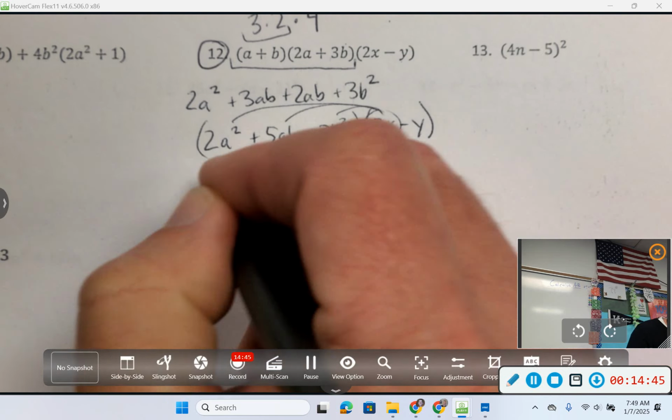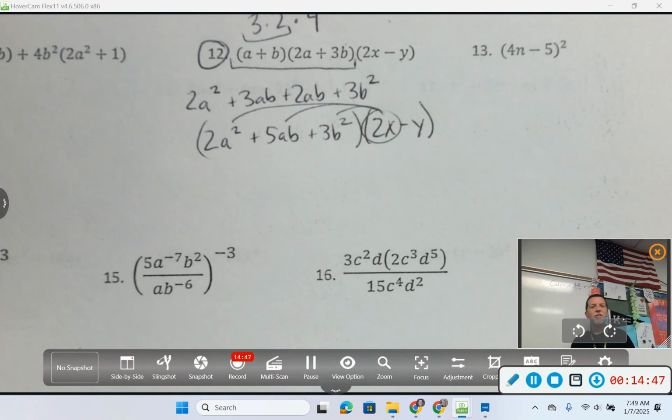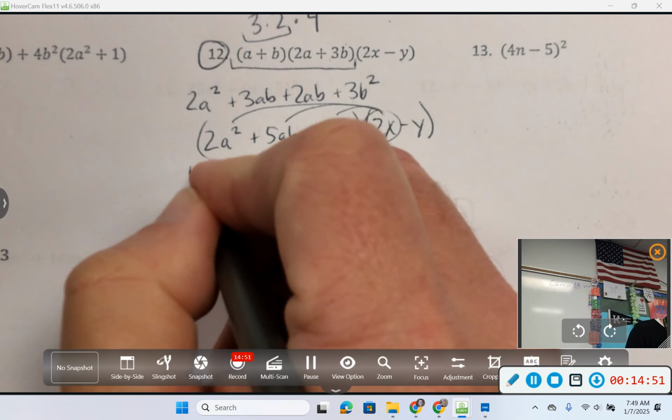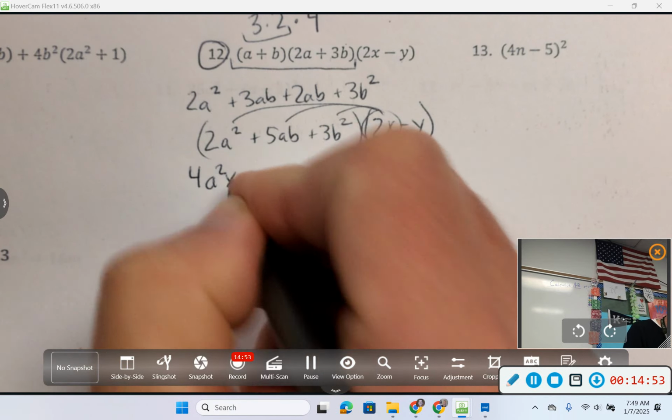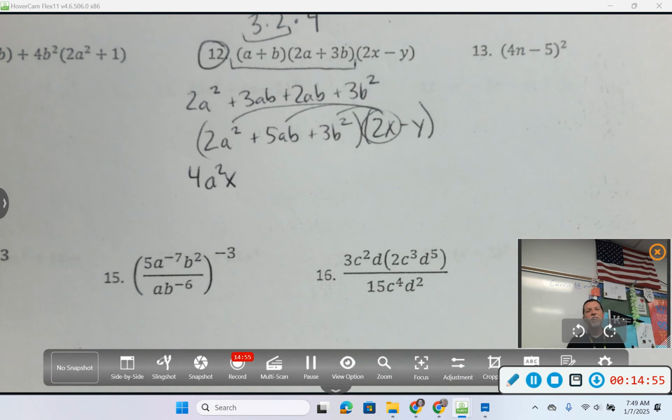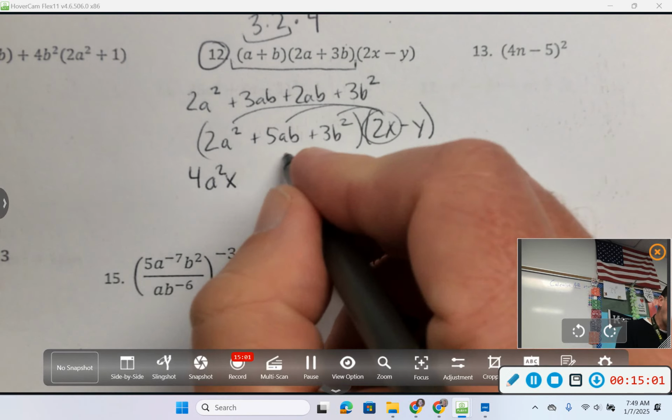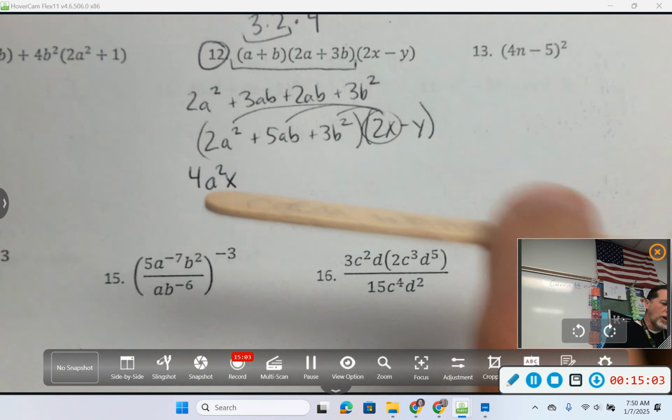So that's going to be, well, careful, 2a squared times 2x. 4a squared x. I don't know that we're going to have any like terms when we're through with this. I don't think we are. And then 5ab times 2x. Let's pick on people.